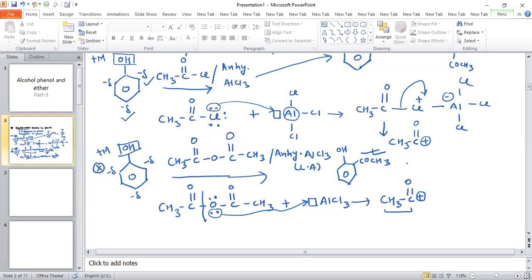When the electrophile attacks at the para position, the product will be OH and COCH3. This is the para product.